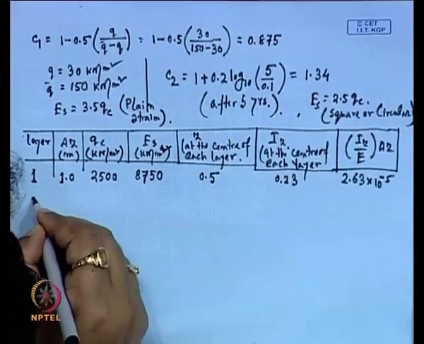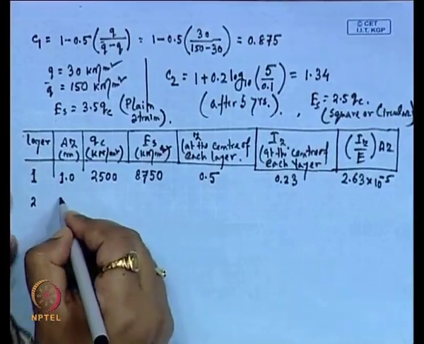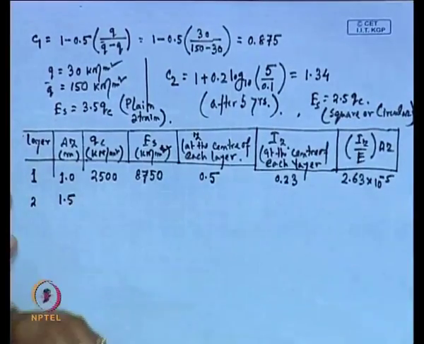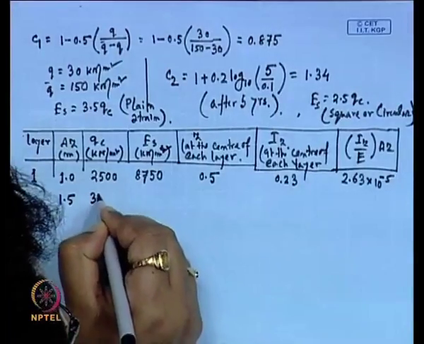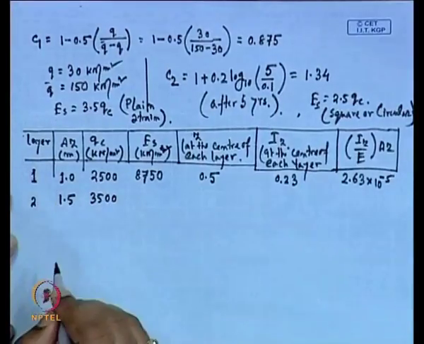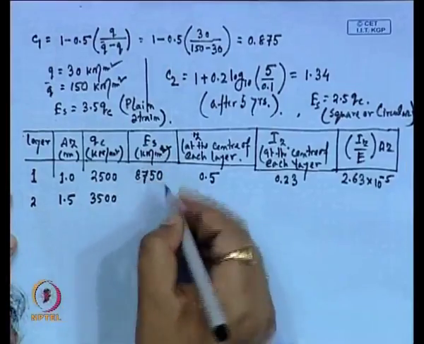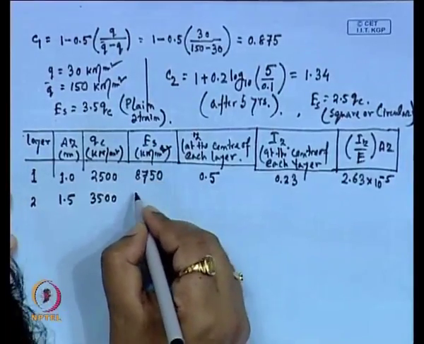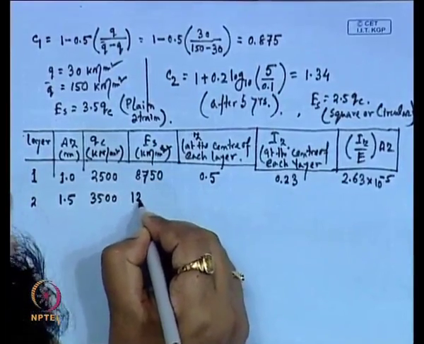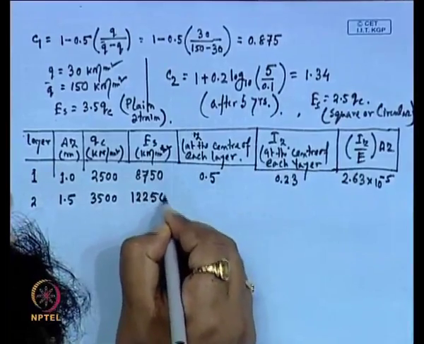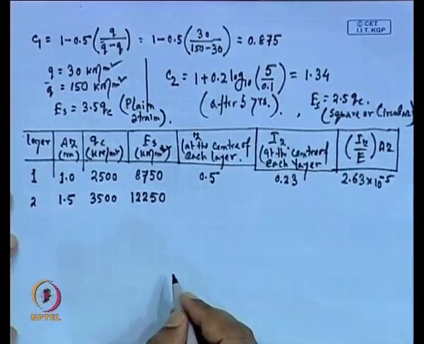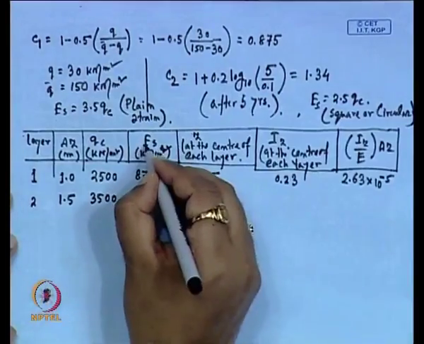Now, we will go to the second layer, whose thickness is given as 1.5 and Q c value, the measured value, is 3500. Now, if I consider 3.5 Q c, this comes to 12250 as the E s value.